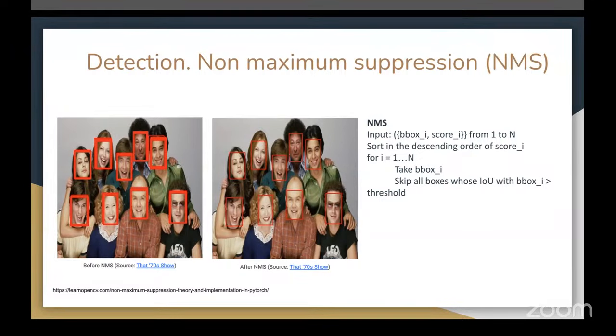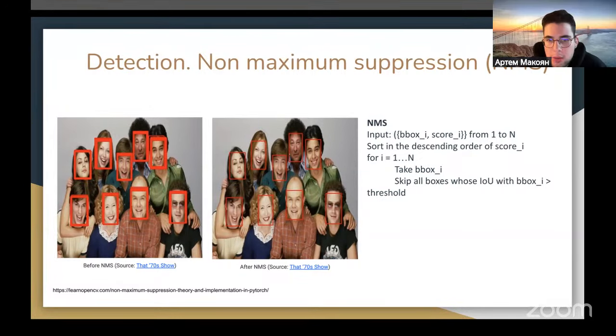I would also like to mention that for each bounding box, let's also predict a score, a score that the bounding box is correct. For example, we want our model to score high for bounding boxes that are correct, and score low for incorrect bounding boxes.